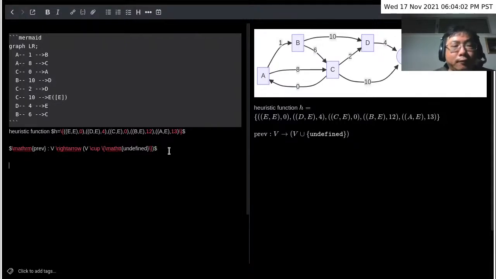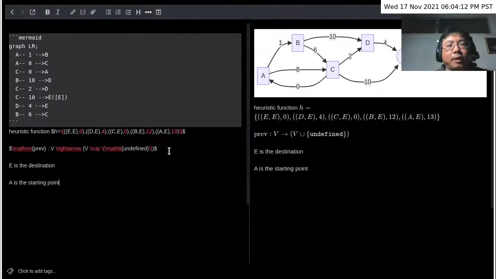And that will be the end of today's lecture. E is the destination, and A is the starting point. So with this, you guys have everything that you need to give the A star algorithm a try.